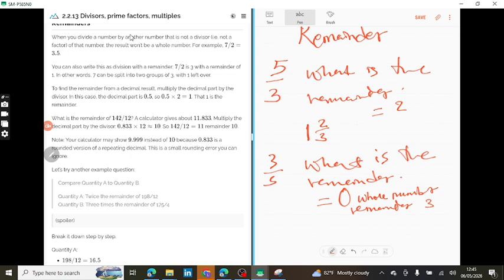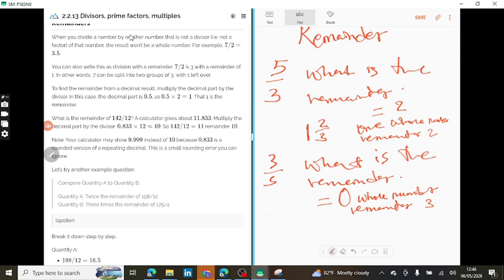Just like this one is 1 whole number, remainder 2. So this one is 0 whole number, remainder 3.